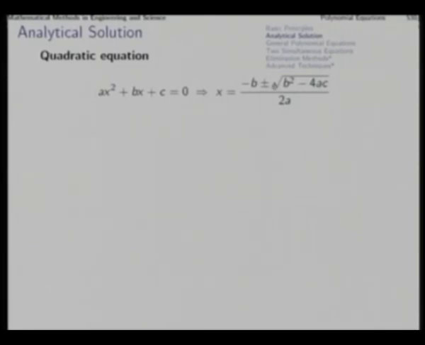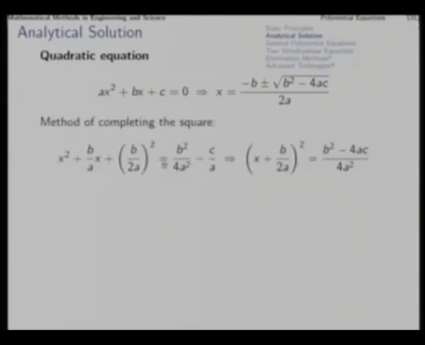Depending upon what b square minus 4ac is, the solutions could be complex or could be real. The way this formula is arrived at is through completing the squares, and taking the square root from here, we get this expression.